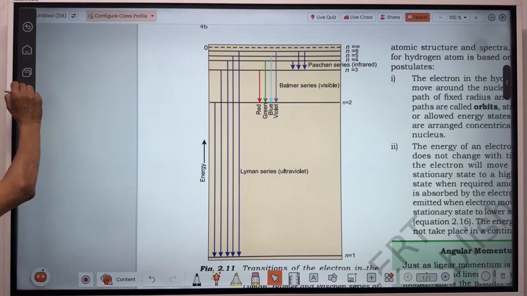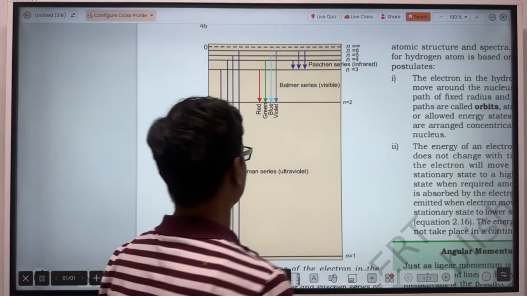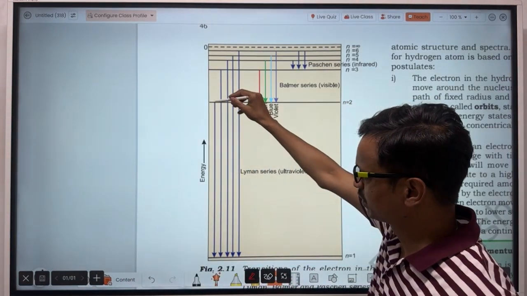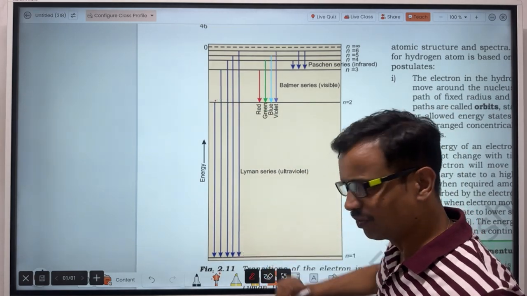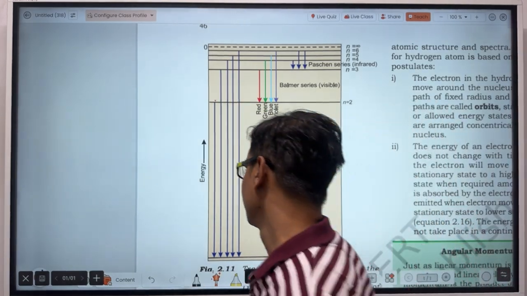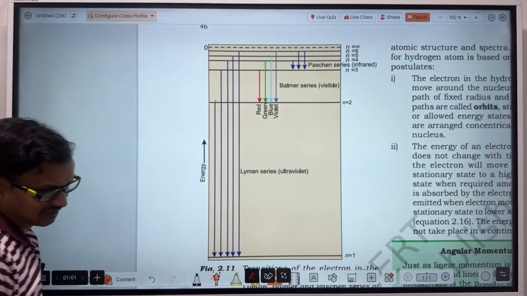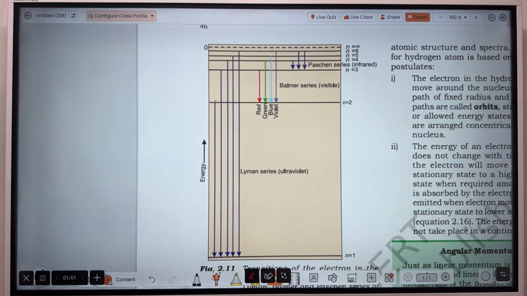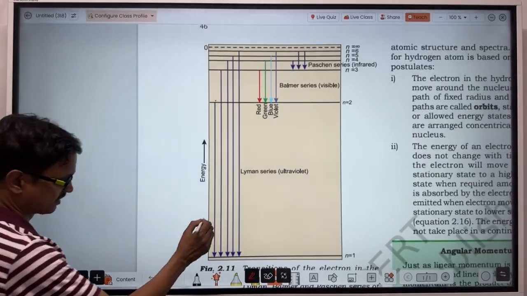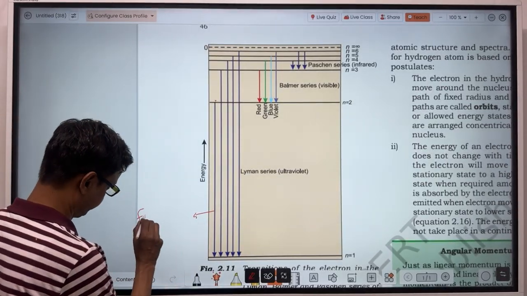Now let's see, when the electron falls from n equal to 2 to n equal to 1, that will be called the first line of the Lyman series.